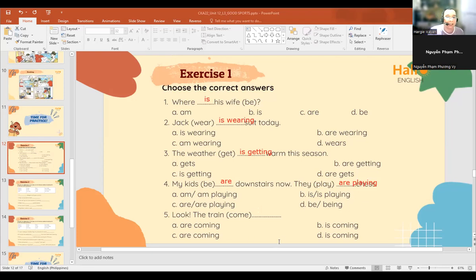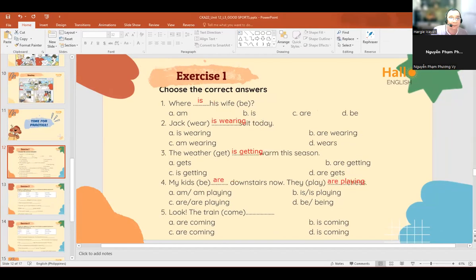What about number 5? Look, the train, between. Letter A. Yes. Look, the train.